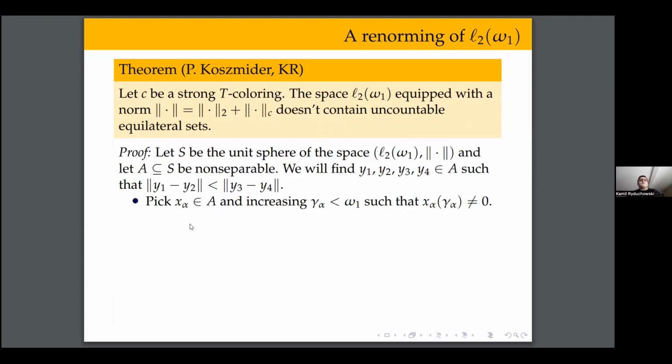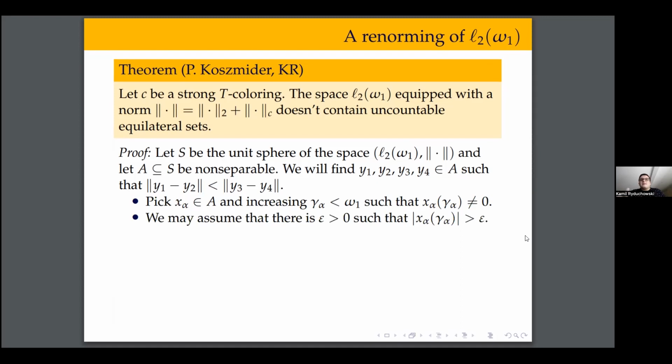So first of all, let's inductively pick x_α in A, and for a bit of technical reason, an increasing sequence γ_α of ordinal numbers such that x_α(γ_α) is non-zero. Then approximate it. First, by passing to an uncountable subfamily, we may always assume that these values are separated from zero, since those are non-zero numbers.